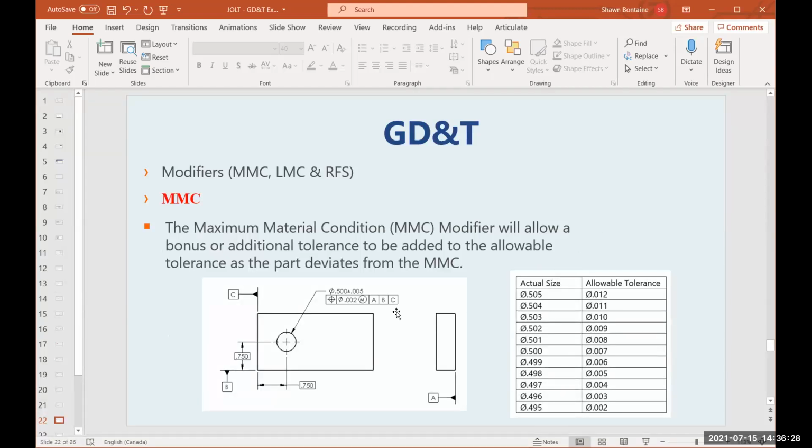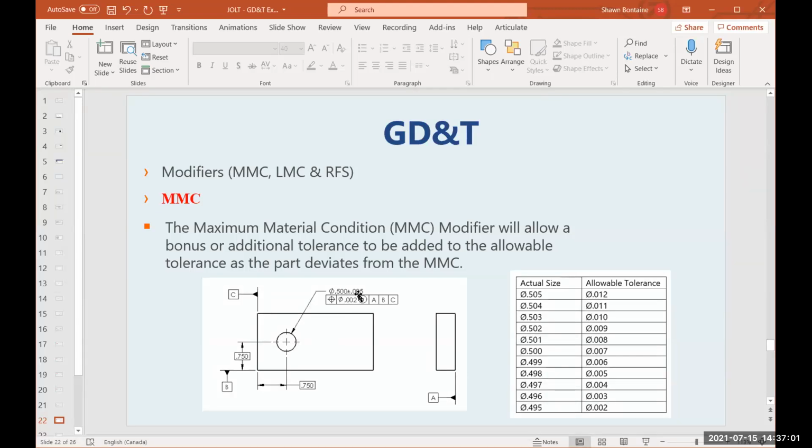So what the feature control frame is saying is that we've got a positional requirement, diametrical tolerance zone of 0.002 at maximum material condition to datum references, primary datum A, secondary datum B, and tertiary datum C. So at maximum material condition, smallest hole, we have a diametrical tolerance zone of 2 thou that the actual center has to fall within from the theoretical perfect location outlined by the basic dimensions.